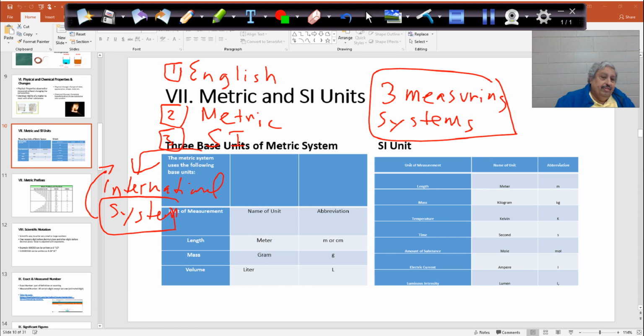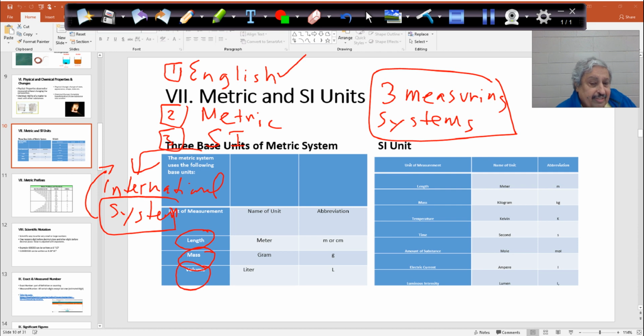So the metric, the English is well known for commercial purposes. For example, we have here the length, as we will do here in the lab today, the mass and the volume, correct? We have 3 measuring units.